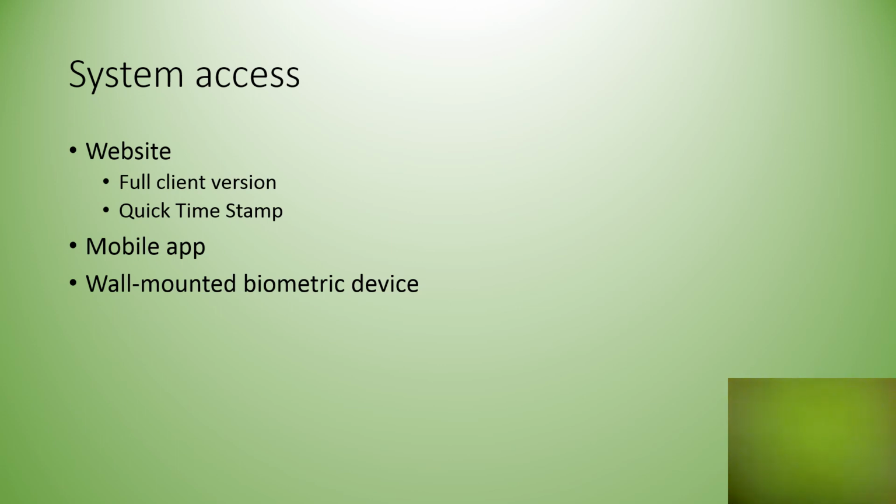So it's not registering a fingerprint, it's more like a composite of like 6 different points on your actual finger. What you'll do is you'll put in your employee ID and then scan your finger, and then you'll be able to log your time. If you want to use the wall-mounted device, you'll need to call the IT help desk and set up an appointment to get yourself registered on that device, and then you'll be able to use it.